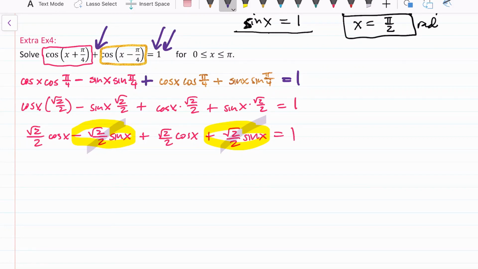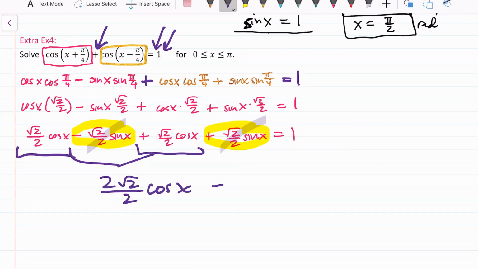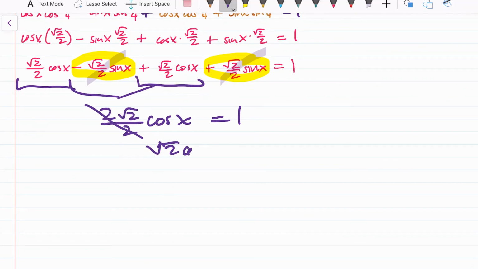Now, when you have radical 2 over 2 plus radical 2 over 2, that means you have 2 of those. So what you have when you add those together is 2 times radical 2 over 2 cosine x equals 1, and the 2s will cancel. So you have radical 2 cosine x equals 1.